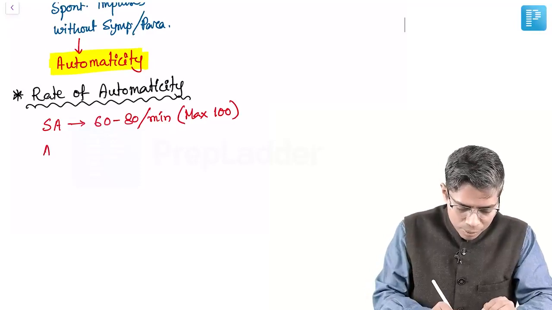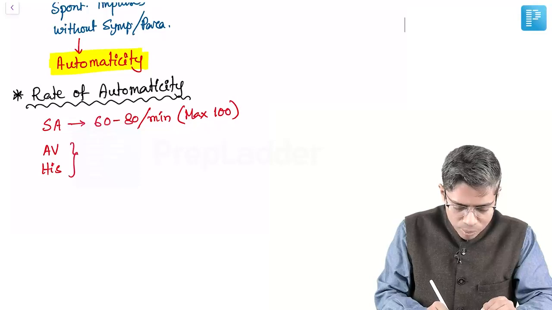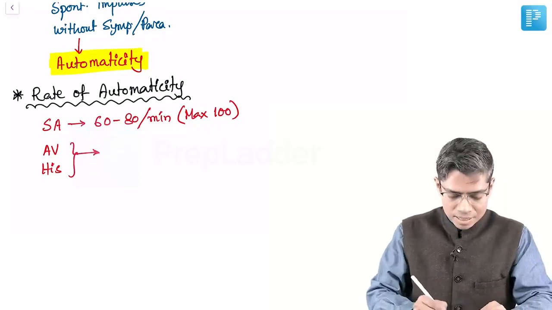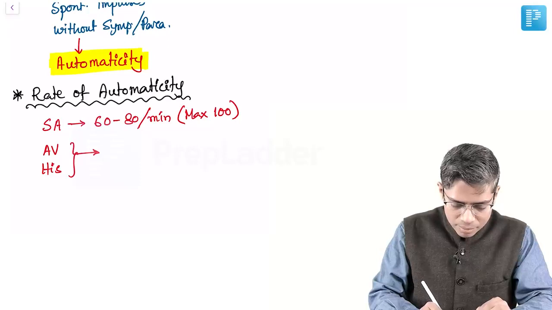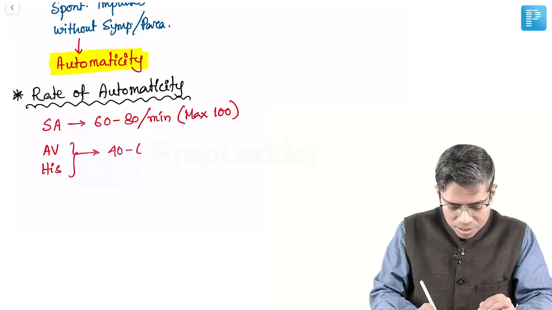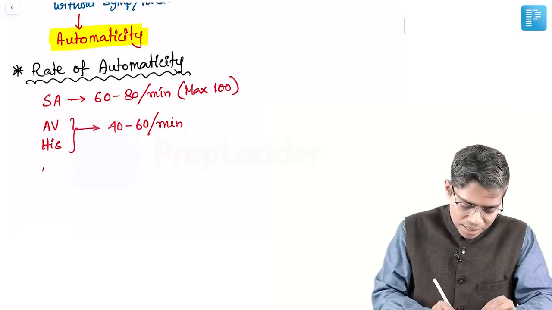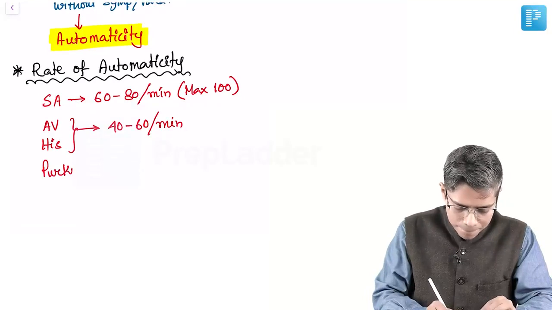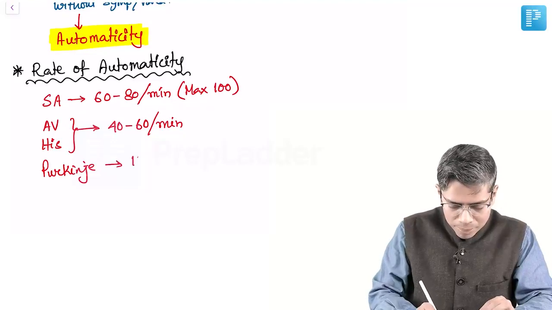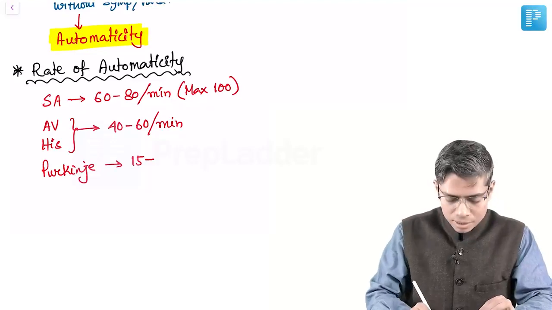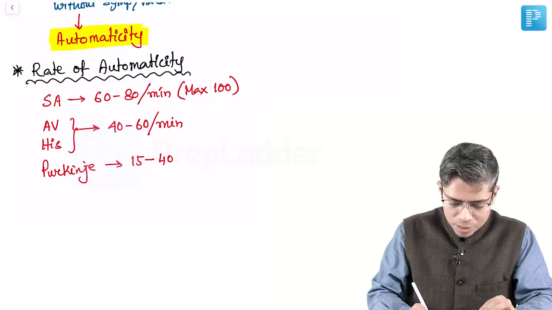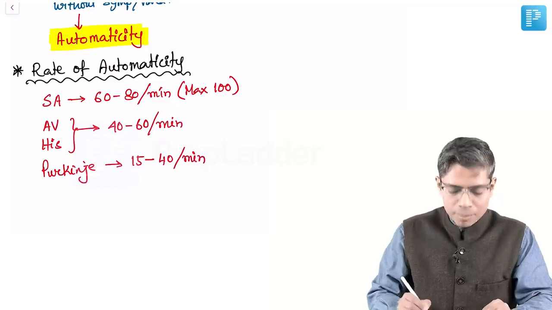Then AV node and bundle of His, they are also capable of producing heartbeat spontaneously, but their rate is 40 to 60 beats per minute, right? And the Purkinje fiber, they are also capable of beat production, but the rate is 15 to 40 beats per minute.